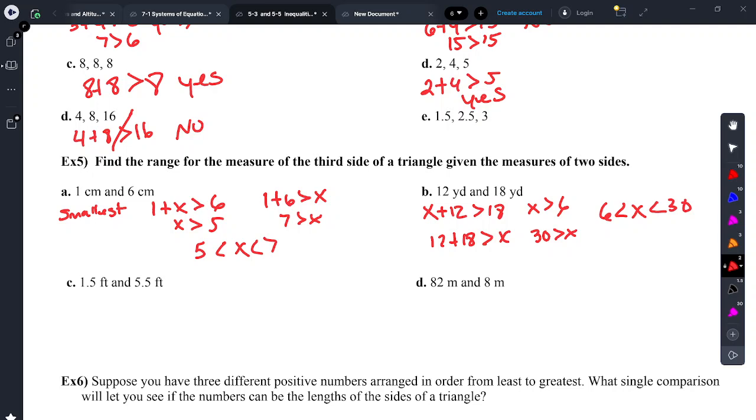So x is between 6 and 30? Make sure you write it this way at the end, okay? I'm not going to do the rest of those. It's the same process, right?